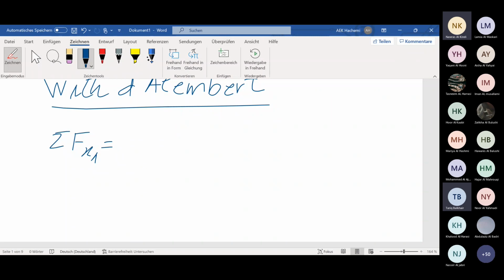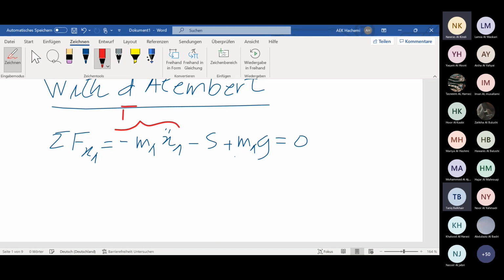If we look at the forces, we have minus m1 x double dot 1, minus S, and plus m1 g, equal to 0. Now this term here is only F1H. This is the inertia force of the mass m1.